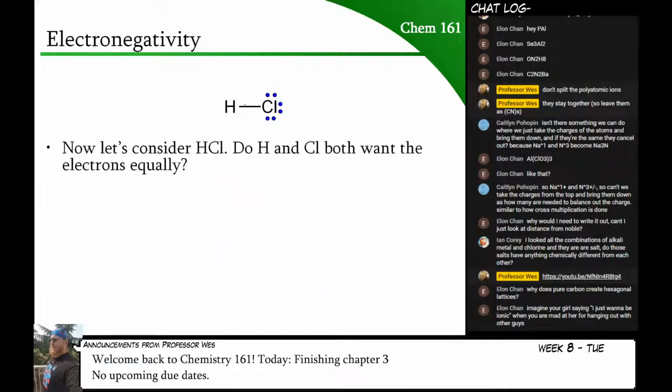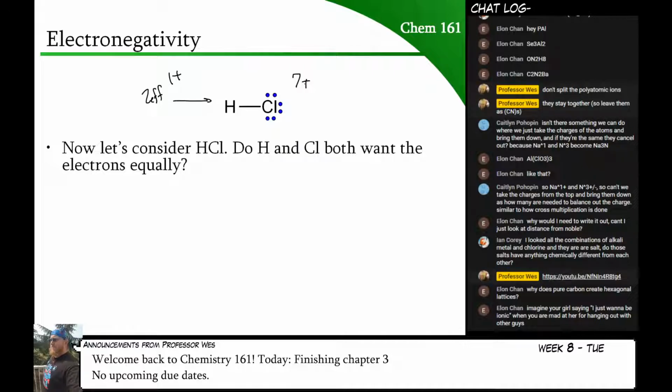Now let's do this. Does H pull on electrons as well as Cl does? And the answer to that, you should, of course, be saying no, because hydrogen only has one proton, right? If we calculate Z effective, I get 1 plus for hydrogen, but 7 plus for chlorine.